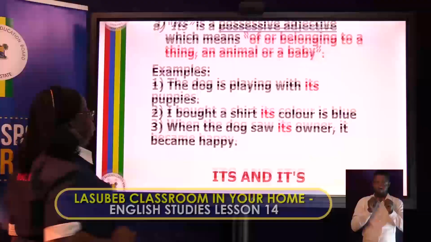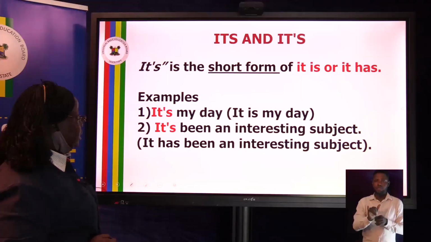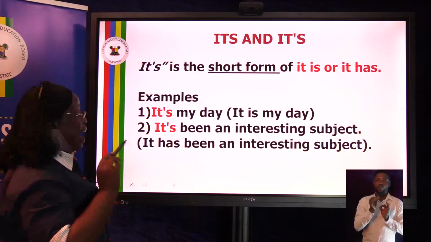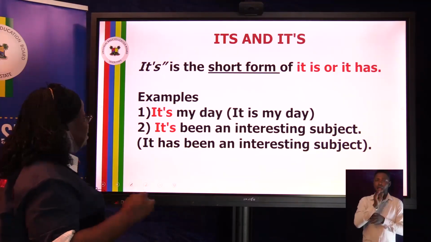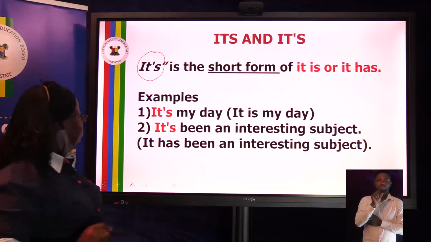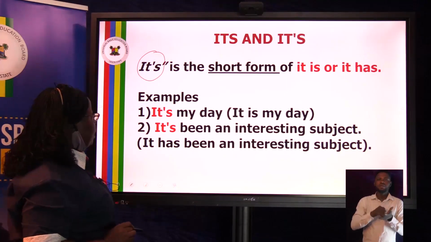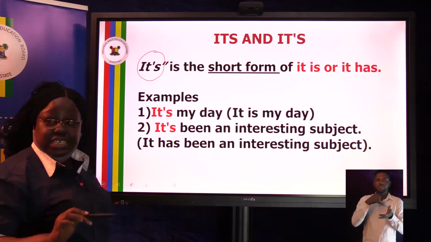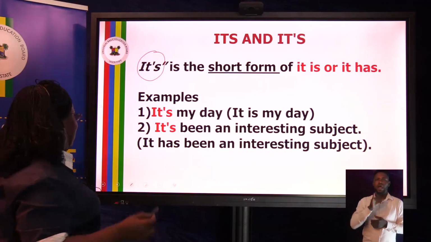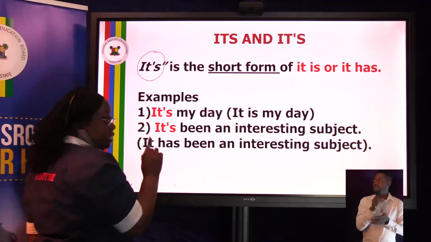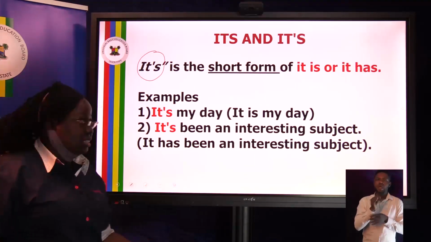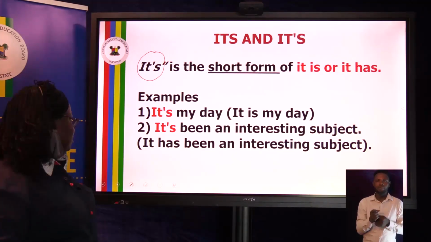Let's move on. Still on it's and its. We have done I-T-S. Now I-T apostrophe S. It's is the short form of it is or it has.